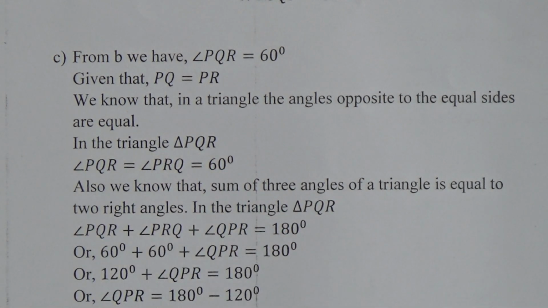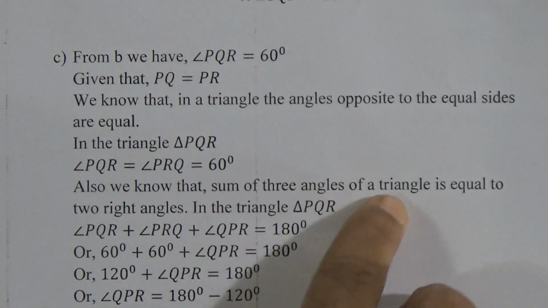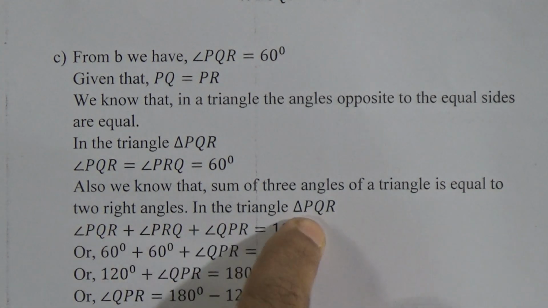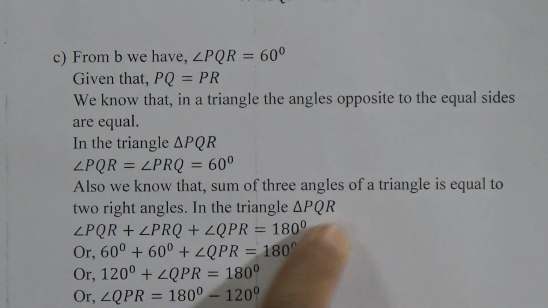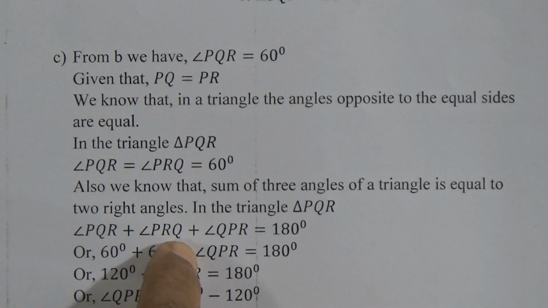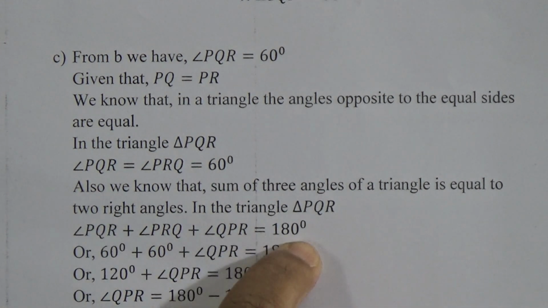Okay, now we also know that the sum of three angles of a triangle is equal to two right angles. In the triangle PQR we can write the angle PQR plus the angle PRQ plus angle QPR equal to 180 degree, because two right angles means 180 degree, my dear students.